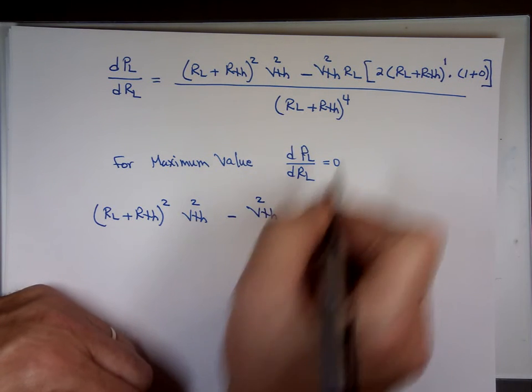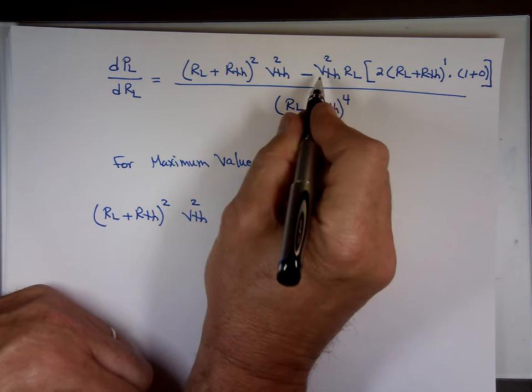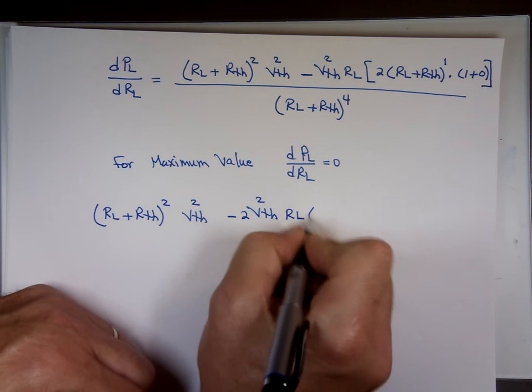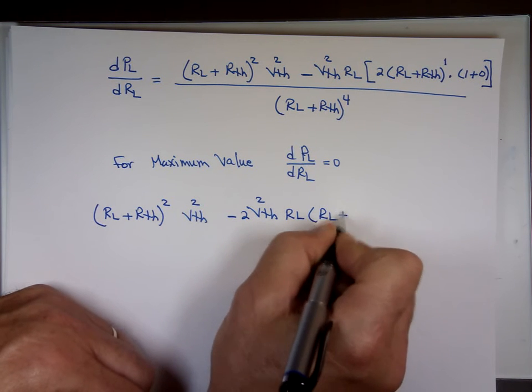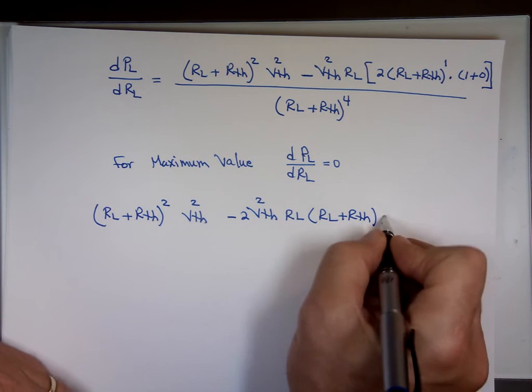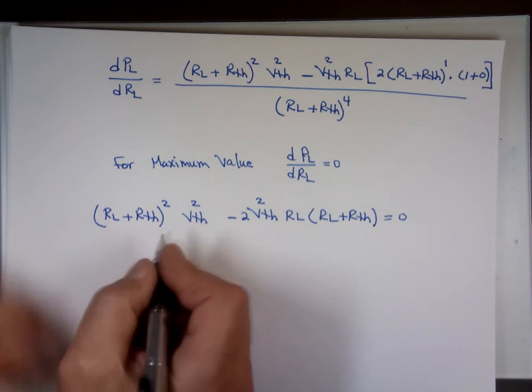And let me multiply this. That would be what? 2 here, v thevenin squared r sub L times r sub L plus r thevenin to the 1st power. Move this one to that side.